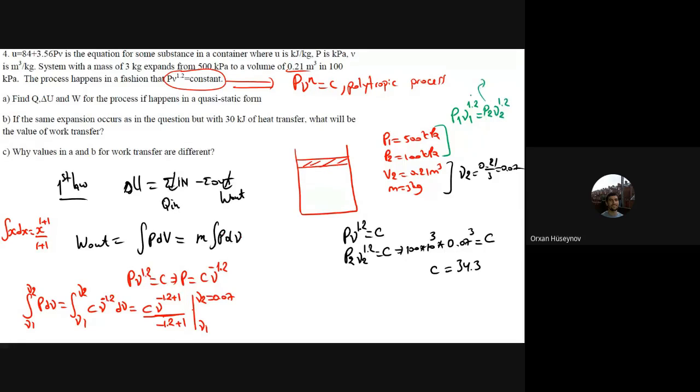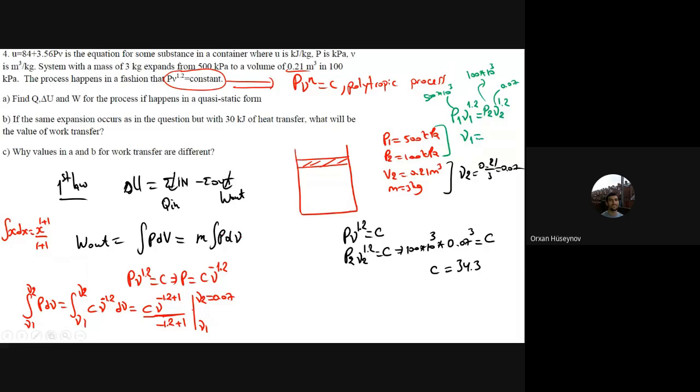And I know that P2 is 100 kilopascal times 10 to the power of 3, nu2 is 0.01, and P1 is 500 times 10 to the power of 3. And I can find nu1 to the power of 1.2, or instead you can find the nu1 itself.